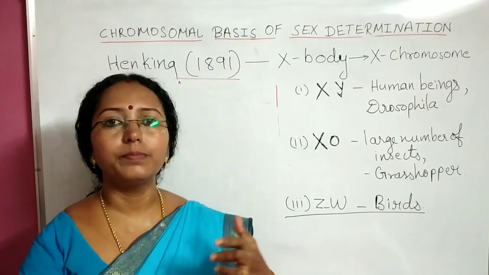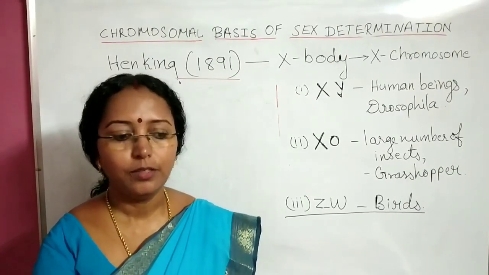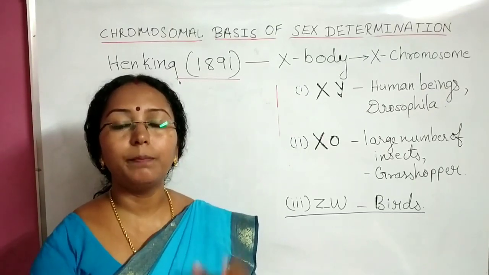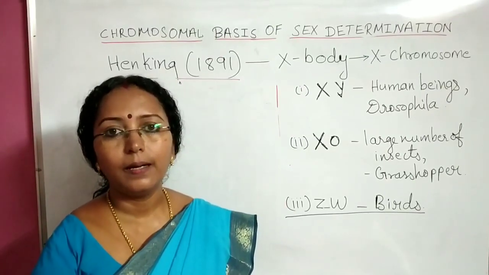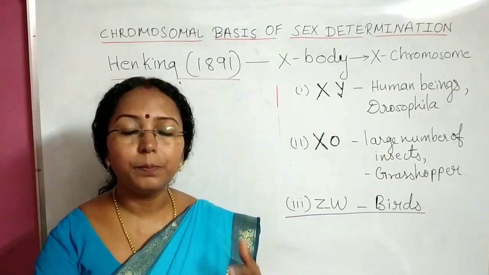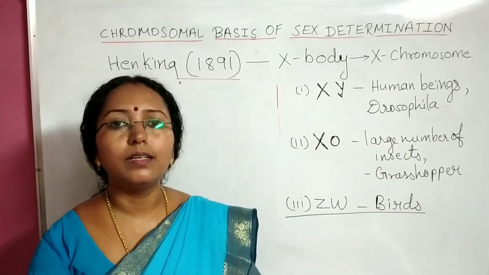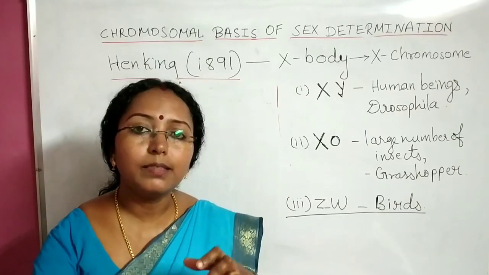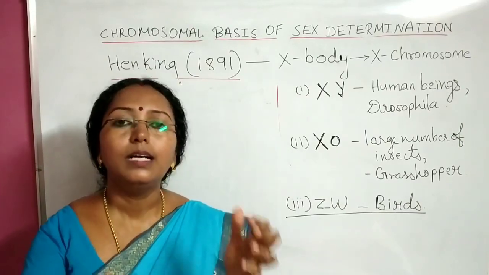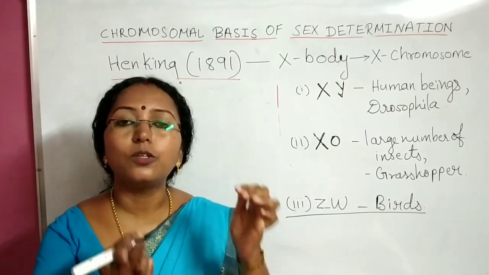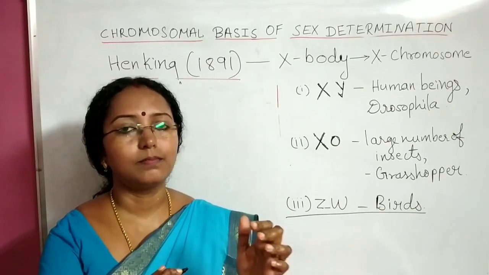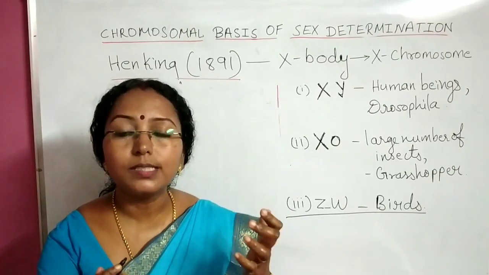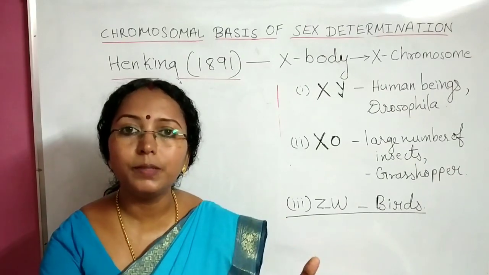Maybe some social issues are there, and the mother is cursed for such things. But is there any scientific basis for that? Is the mother anywhere responsible for determining the sex of a child?